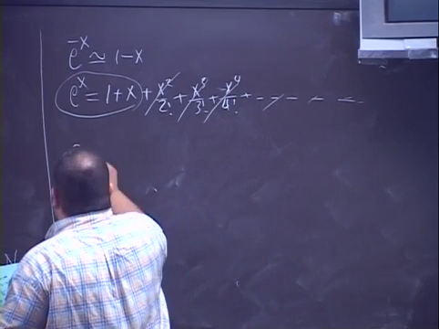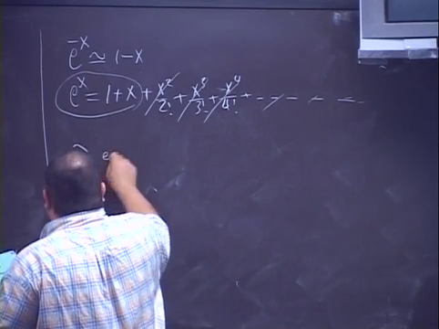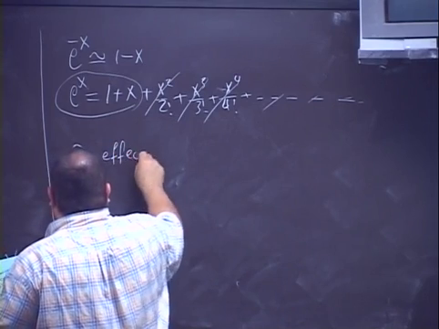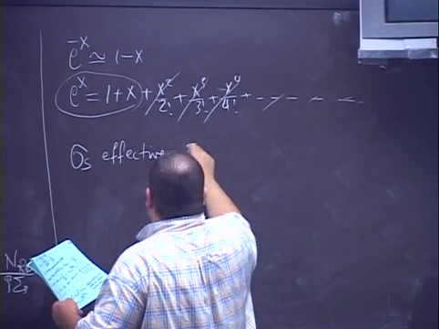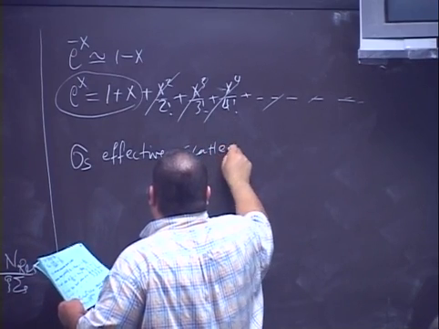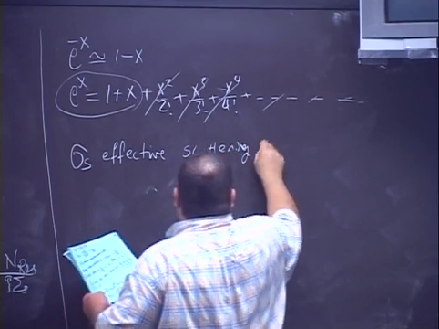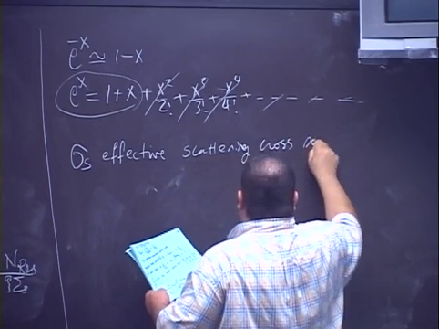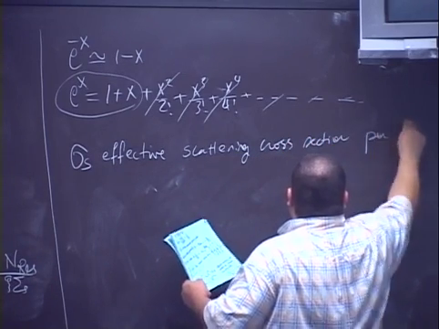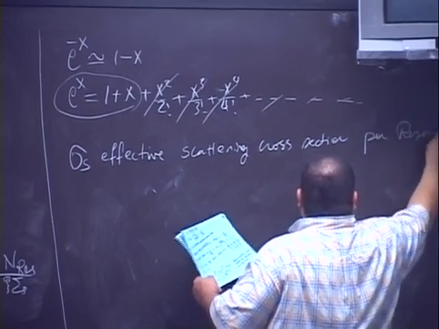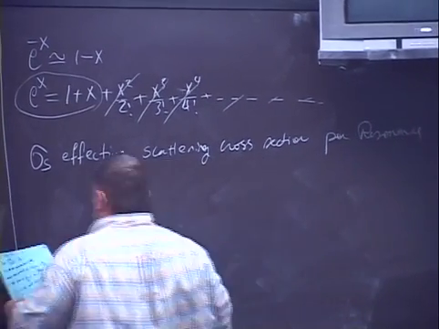And we can define the effective scattering cross section per resonance as the following.